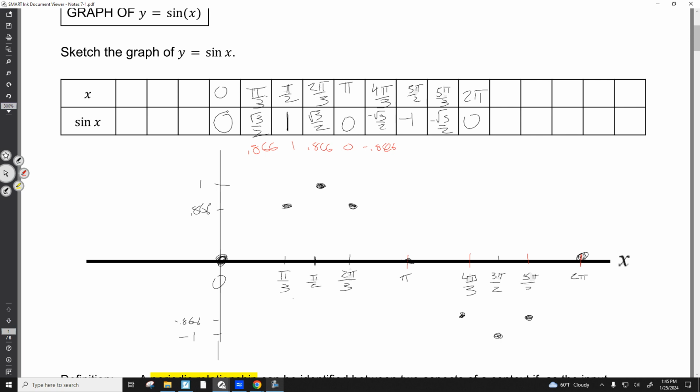Tell your neighbors. Good. We understand that we can go around our circle. We get to 2 pi. 2 pi is coterminal to 0. We are back to our original angle. But we can keep going.